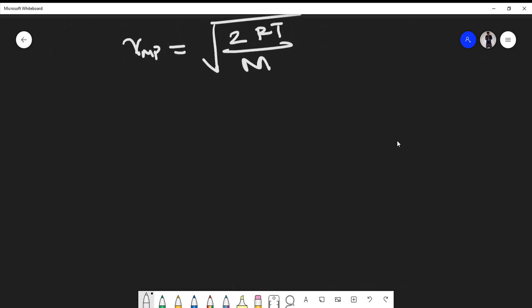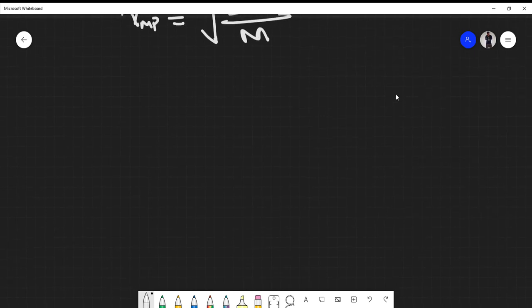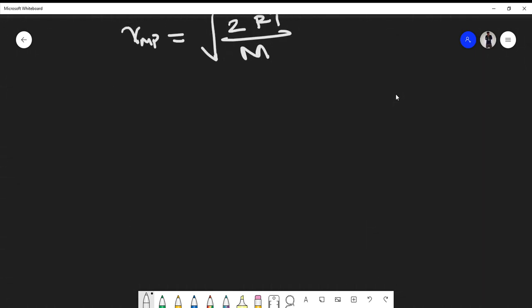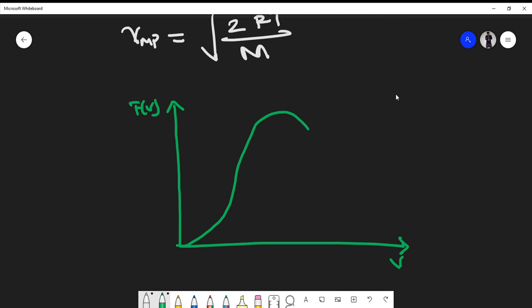So let's represent all these three speeds on a graph. I have a graph where on the x-axis I have speed, the y-axis I have f of v. And again, I have my bell curve distribution. What would you actually see?